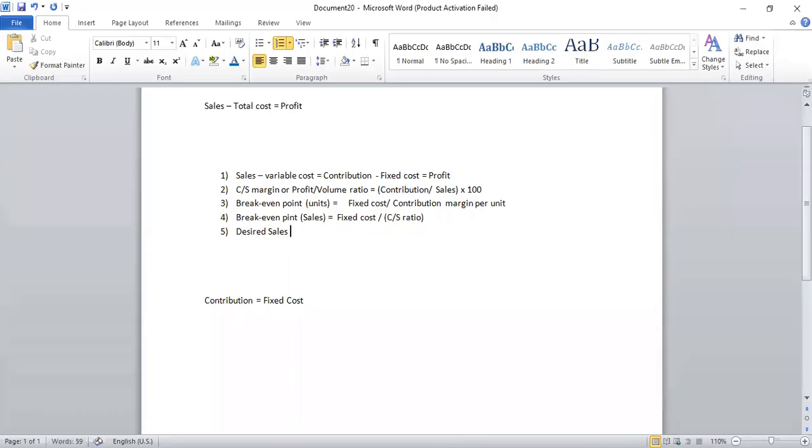Desired sales in units, and then desired sales in the value of sales, in rupees or in dollars or whatever currency is used. Okay, we have to find that out.